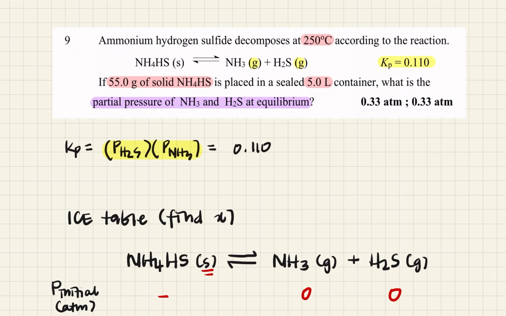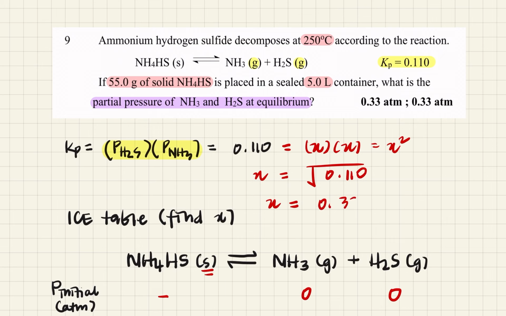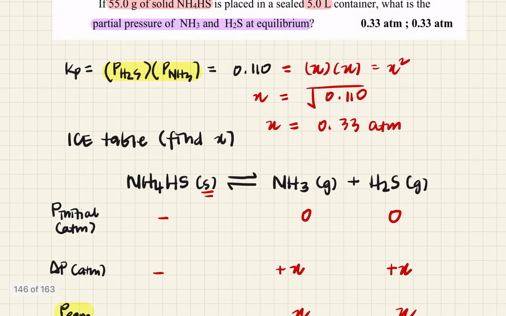So kalau letak balik kat sini, it will be X and X, right? Only. So X square, true. So X is equal to square root of 0.110. What will X be? X will be 0.33 ATM.